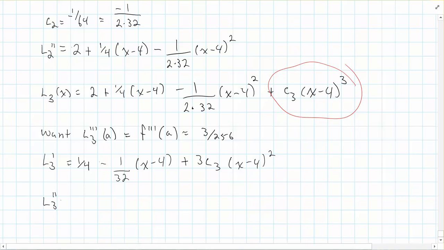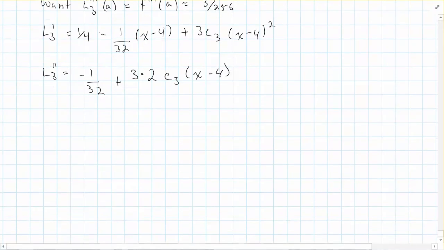L3 double prime is then negative 1 over 32 plus 3 times 2 C3 x minus 4. And then finally, L3 triple prime is equal to 3 times 2 C3.